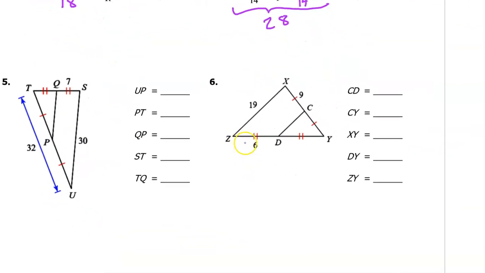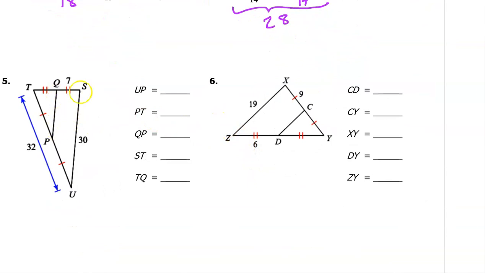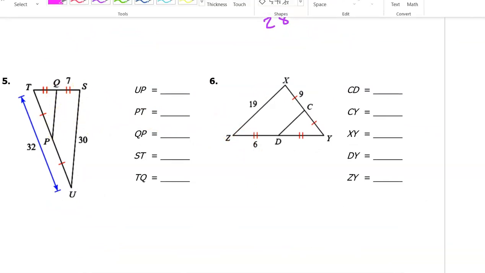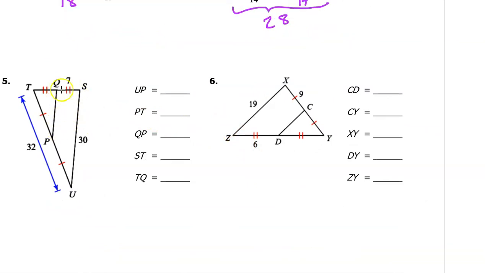All right, what about problem number 5? Do you see the midsegment in this picture? All right, segment PQ is the midsegment, so it will be parallel to segment TU. The midsegment should be half the size of the parallel side.